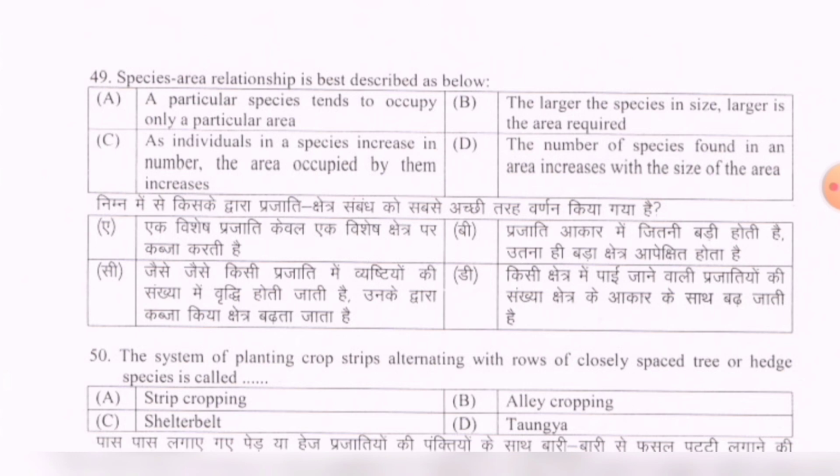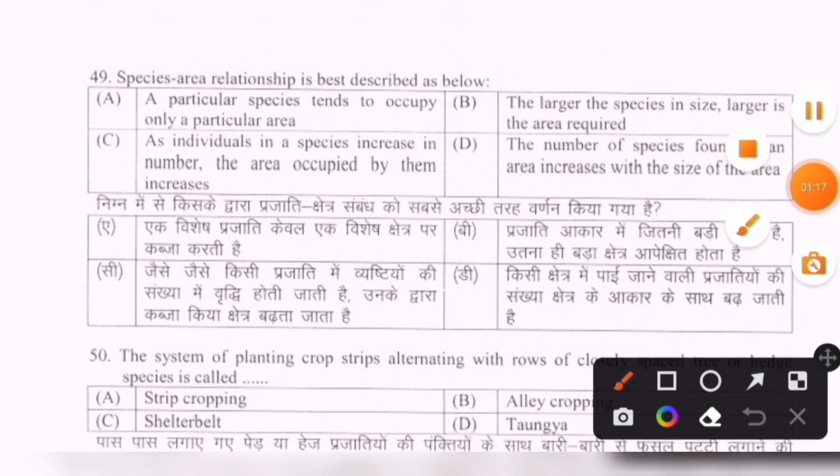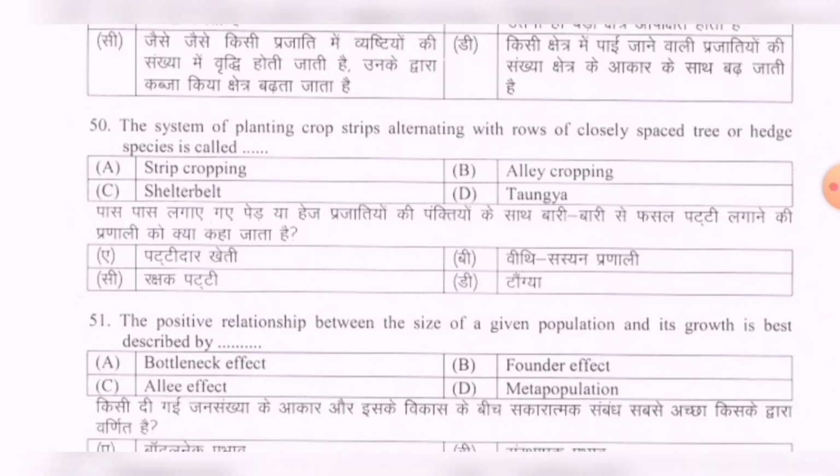The correct option is the fourth one, that is the number of species found in an area increases with the size of the area. Let's see the next question.